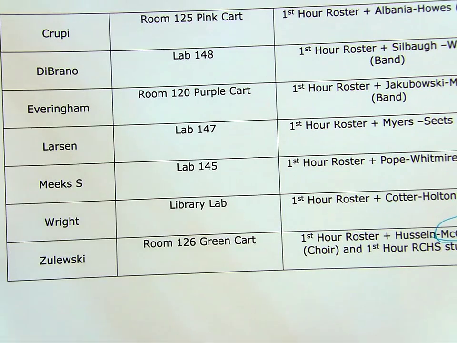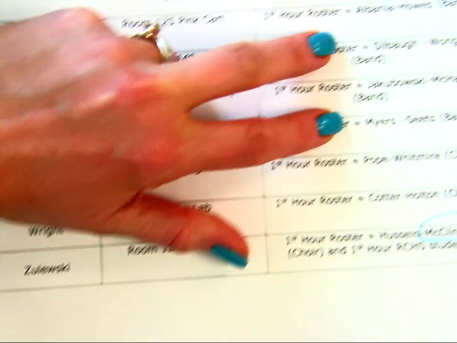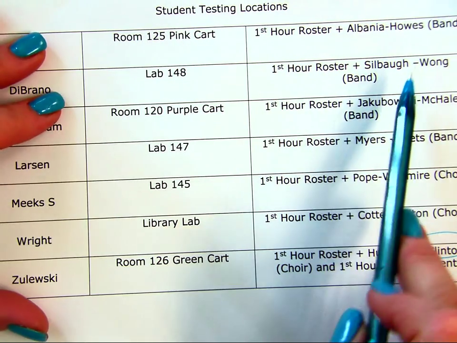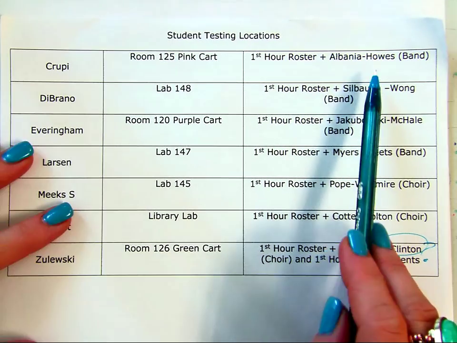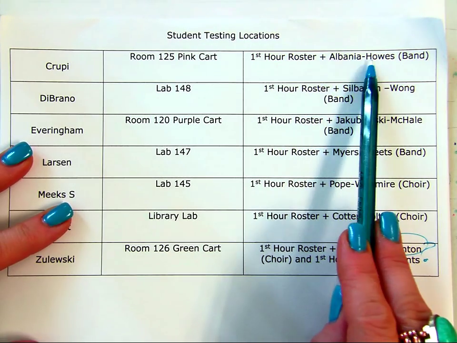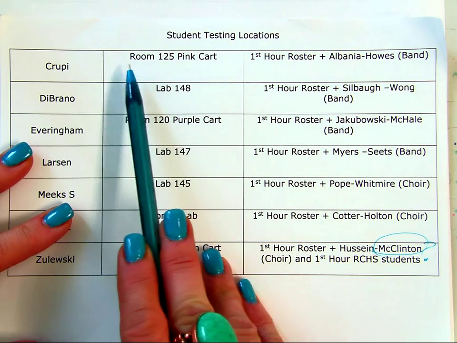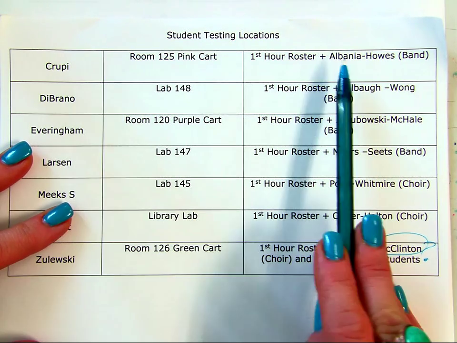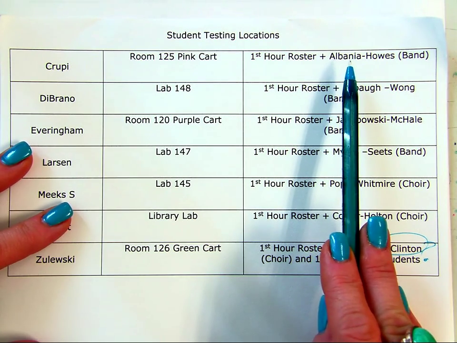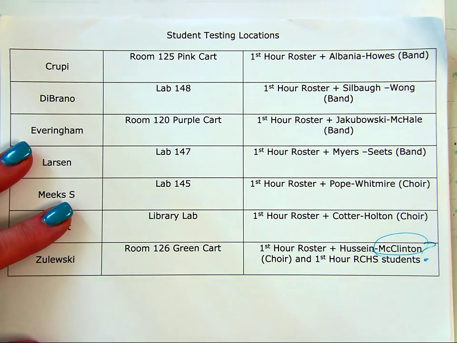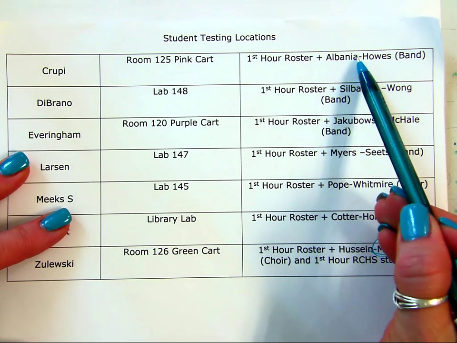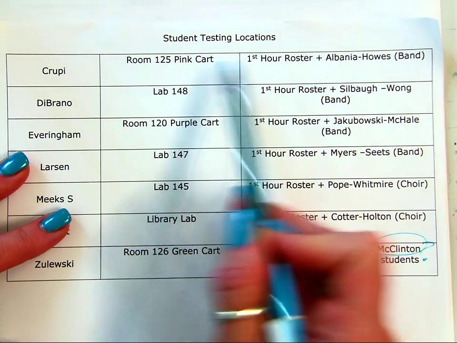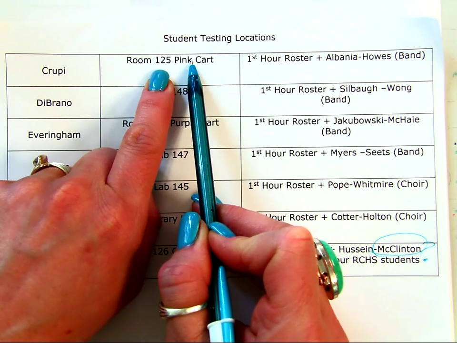So, here's how this works. If you're in band and your last name is between A-L and H-O, then you go to... Oh, did I say middle? You know what I was thinking? Because I was thinking middle, in between. If your last name is in between these two and you're in band, you're going to room 125 to Krupe. Okay?